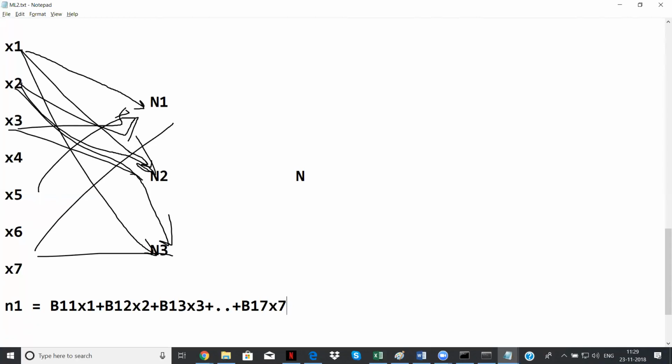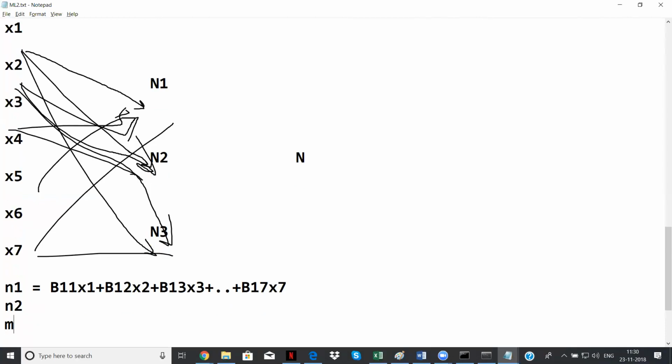I can come up with this equation. Same goes with n2, same goes with n3.